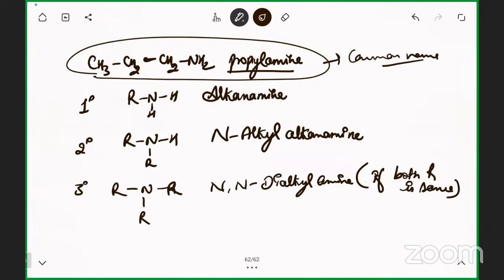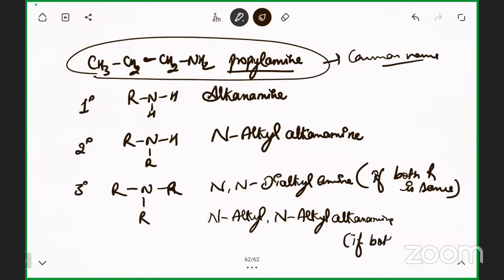But if they are different, then N-alkyl, N-alkyl alkanamine. The two conditions are there. If both R are the same, you'll write N,N-dialkyl alkanamine. If a different R is present, you'll write N-alkyl alkanamine. Okay, let's do the example.